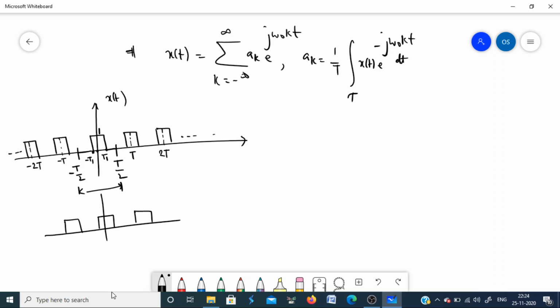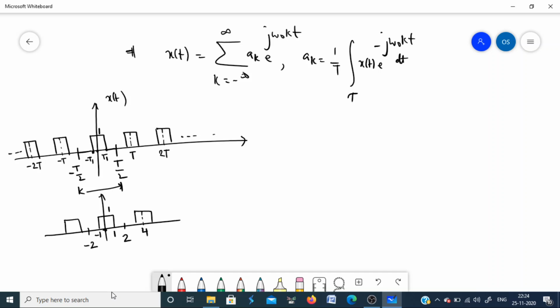If I take T equal to 4, it means it goes from 2 to minus 2, and if T1 is 1, it goes from minus 1 to plus 1. So it is a square wave. This is 0, this will become 2, so 4 is the time period, this will become 4, then 8, and so on.